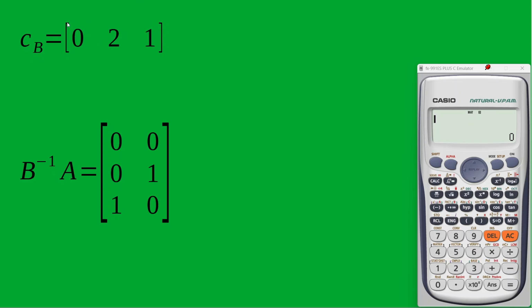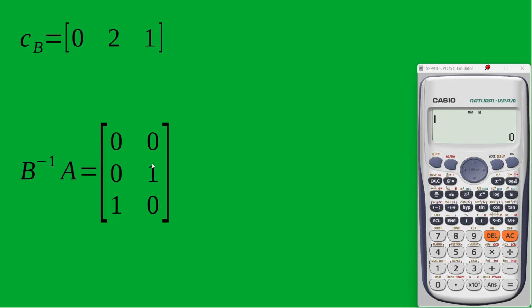Now this time it will be 0, 2, 1. Now why? The basic variables now are S3, X2, and X1. Now the coefficients of S3 are 0, that of X2 is 2, and that of x1 is 1.